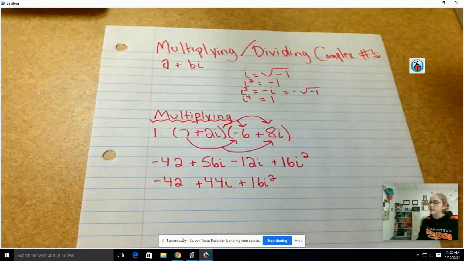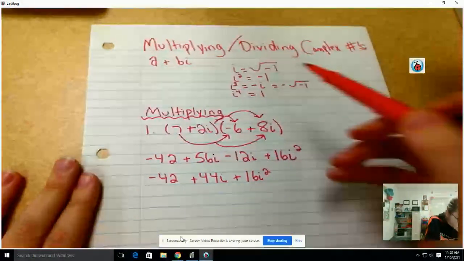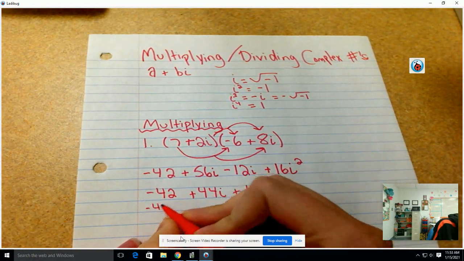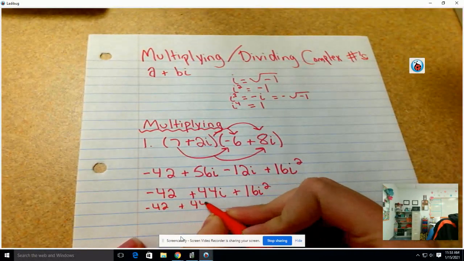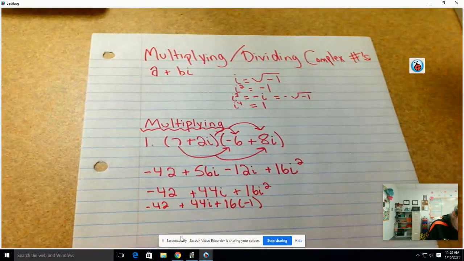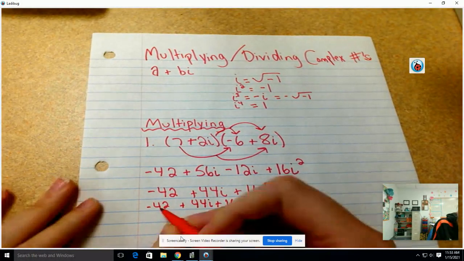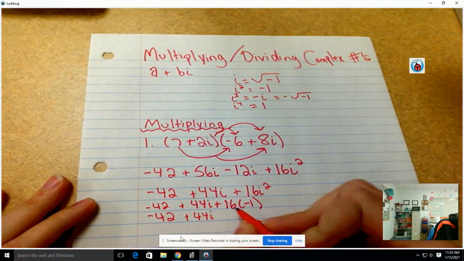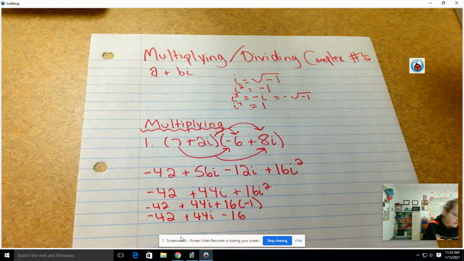Sorry, trying to find my calculator. Oh, here it is. We want this in simplest form, and i squared is equivalent to -1. So we can go ahead and substitute and have -42 plus 44i plus 16 times -1. That's going to give us -42 plus 44i minus 16.